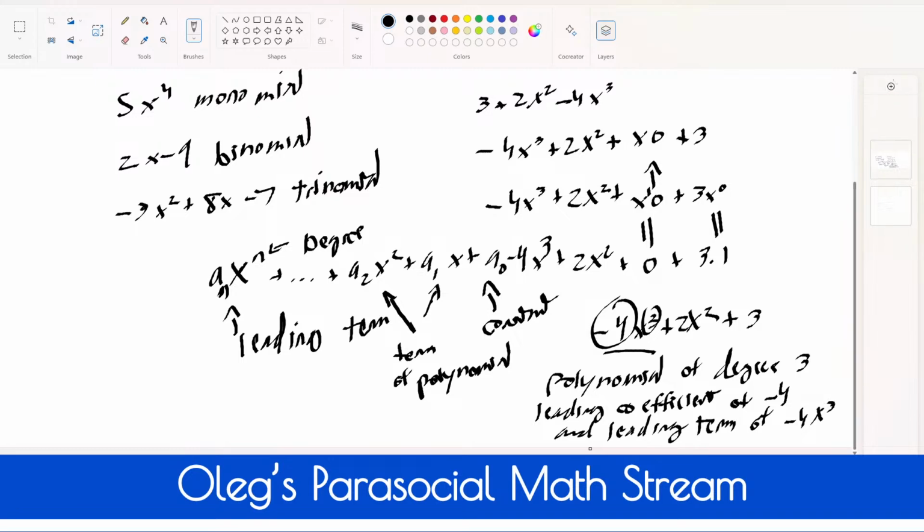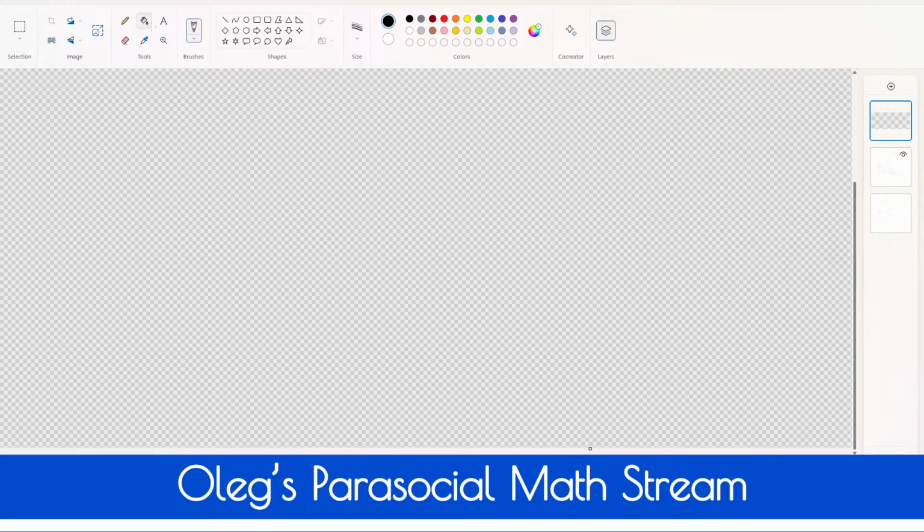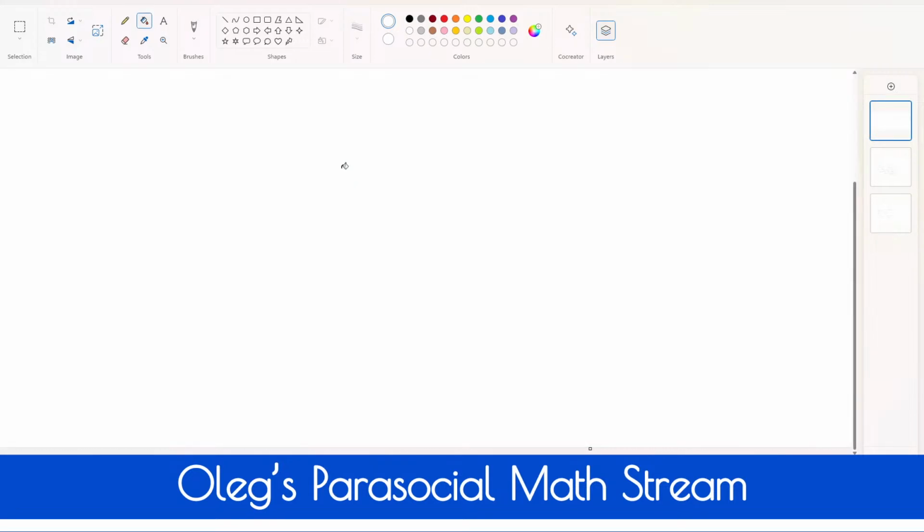All right, now let's do another one. We have 5t to the 5th power minus 2t to the 3rd power plus 7t.